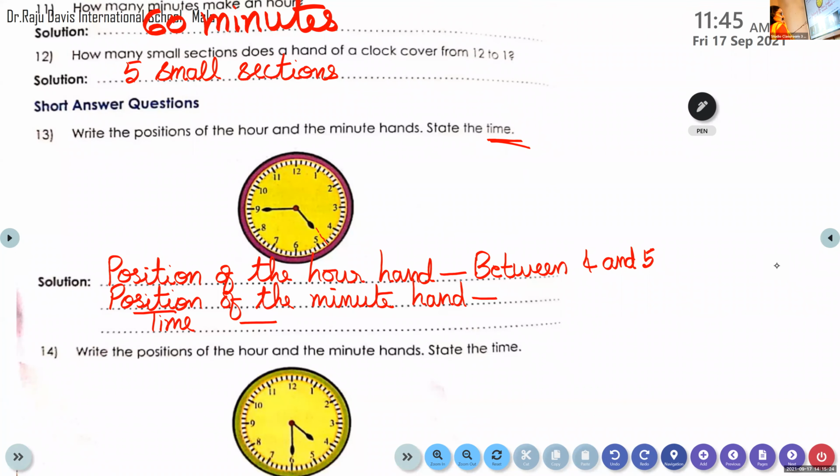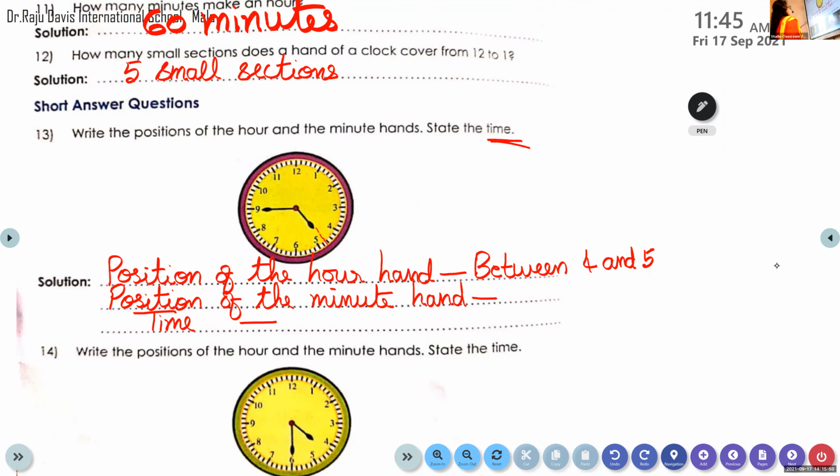Dia? Okay. Position of the minute hand. Where is the minute hand? Dia, show me the number with your fingers. I cannot hear you. Ma'am, can you hear me now?